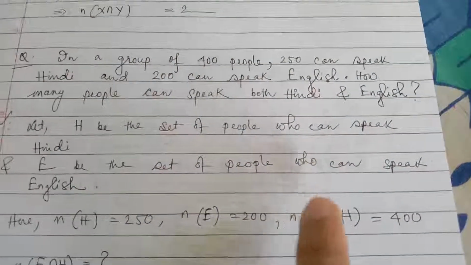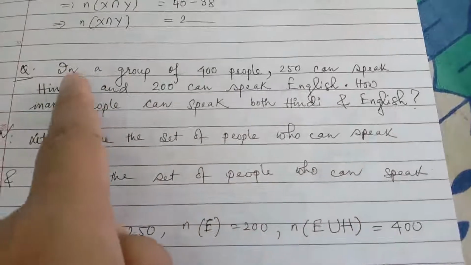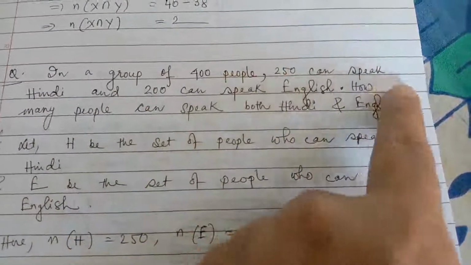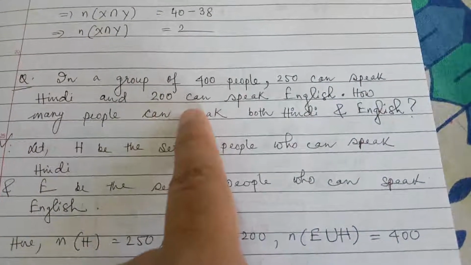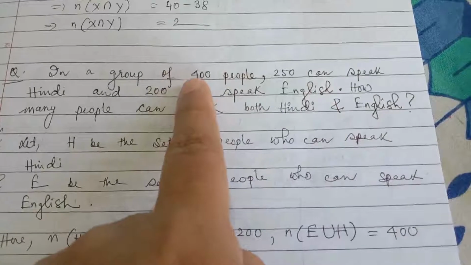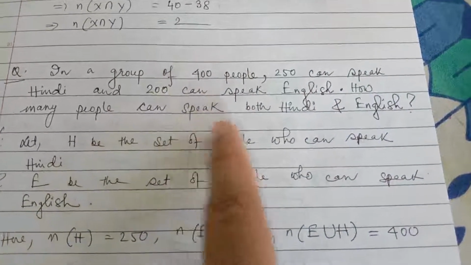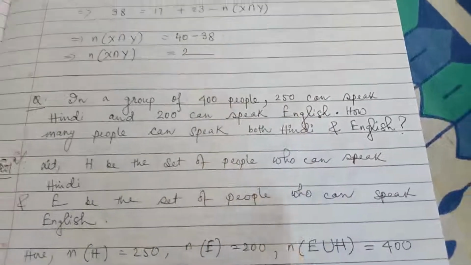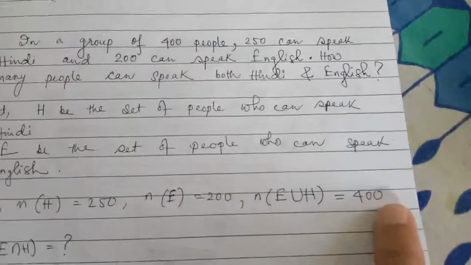When we consider E union H equal to 400, it must be given that in a group of 400 people, 250 can speak Hindi, 200 can speak English, and all the people can speak any one of the two languages or both the languages. Then only we can take E union H equal to 400.